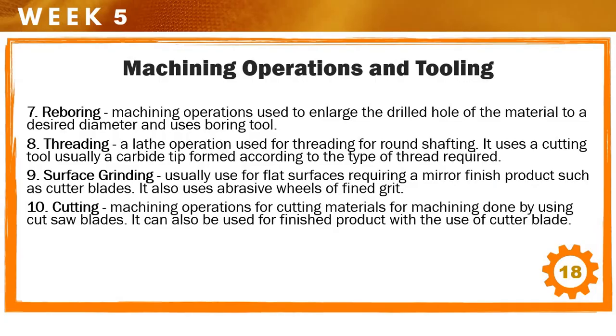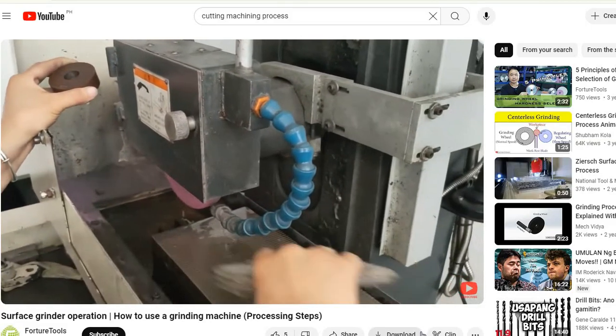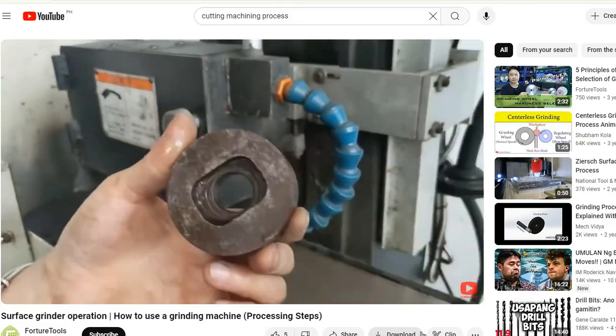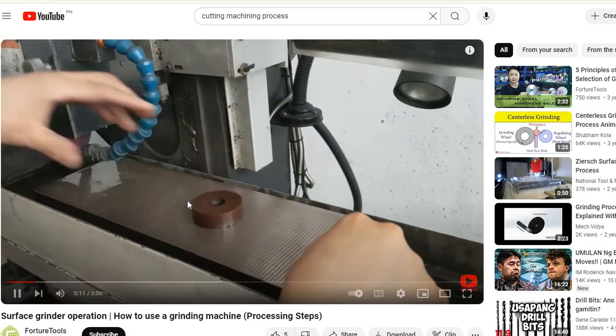Next we have the surface grinding. Let's watch the surface grinding. That is the workpiece.